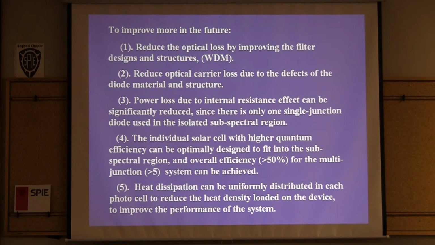A few days ago, before I came here, we had another conference in Jiangsu province near Shanghai. They were all talking about silicon solar cell technology, not discussing the third generation. I think in the future, the first generation improves only 8%, 9%, only 1% difference. All the companies fight each other to improve only 1%.